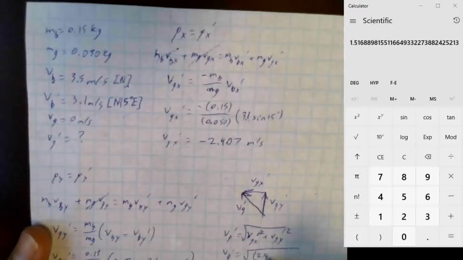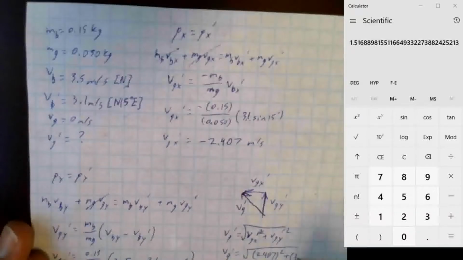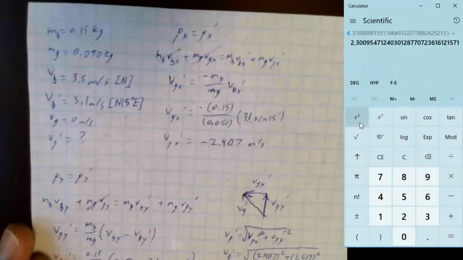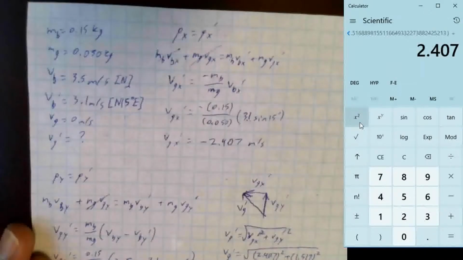So 2.407 squared plus 1.517 squared, and the square root of that. I already have these values in here. That's enough significant digits in order to do this intermediate calculation, so we're fine with that.